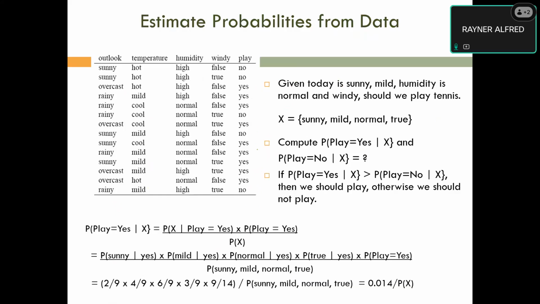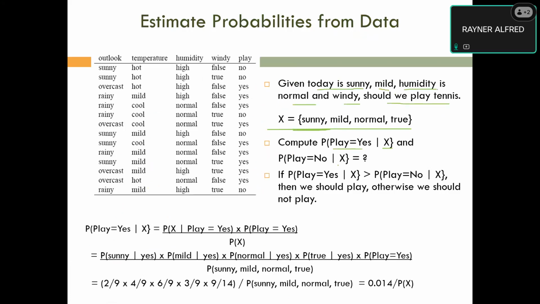So if we have a new unseen data, for example, given today is sunny, mild, humidity is normal, windy. So the question is, should we play or not? Okay. So the new unseen data here is this x. So what we want to do is, given x, what is the probability of play yes?